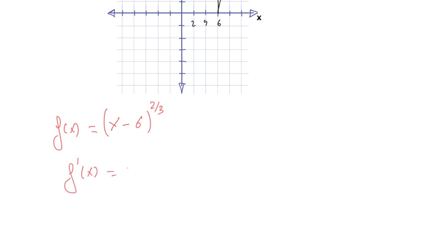What is the slope at any point x? What is the derivative of f with respect to x?